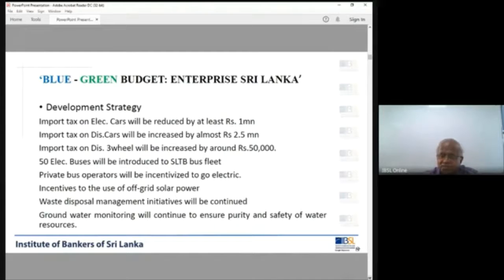Import tax on diesel three-wheelers will be increased by 50,000. 50 electric buses will be introduced to the SLTB bus fleet. Environmentally friendly policy. Private bus operators will be incentivized to go electric. Incentives for the use of off-grid solar power. Waste disposal management initiative will be continued. Groundwater monitoring will continue to ensure purity and safety of water. These are the strategies.